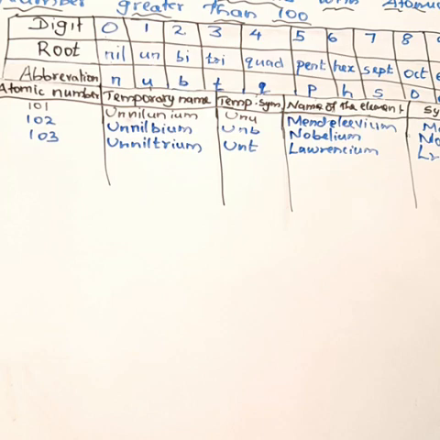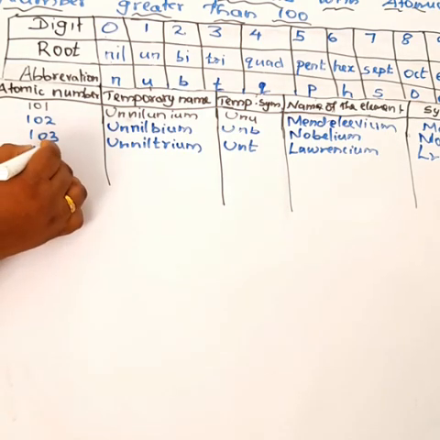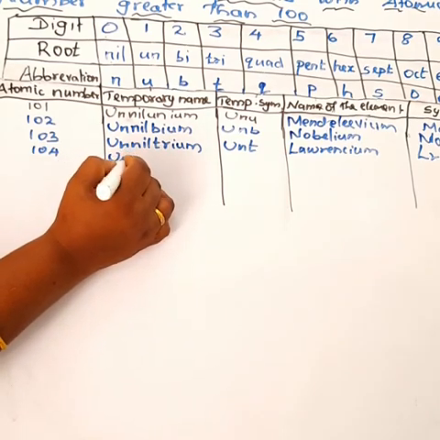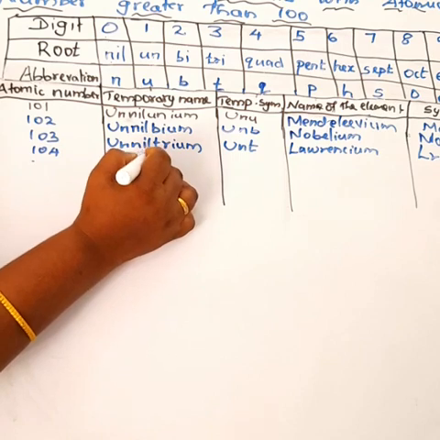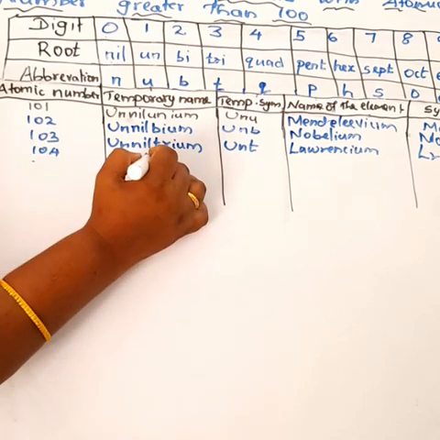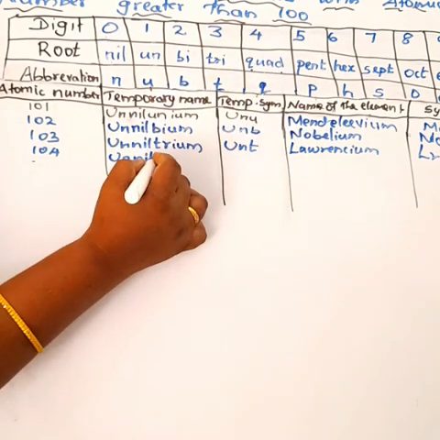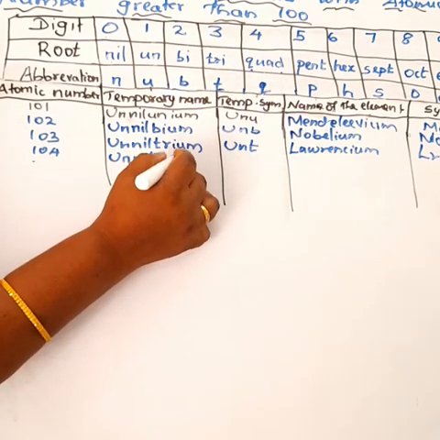Okay. After that, 104. What is the temporary name? Un for 1, nil for 0, and quad for 4. What is the numerical root for 4? Quad. And suffix ium.